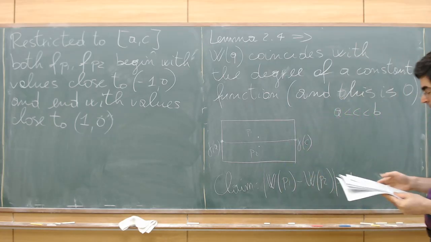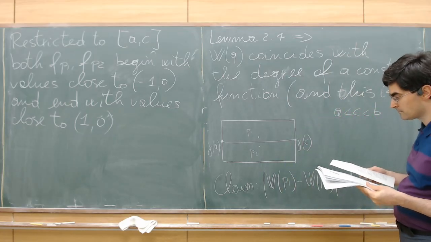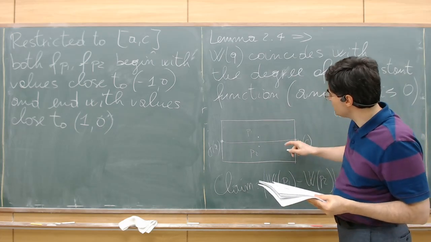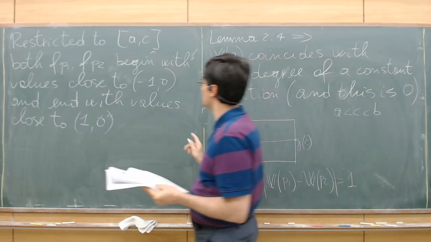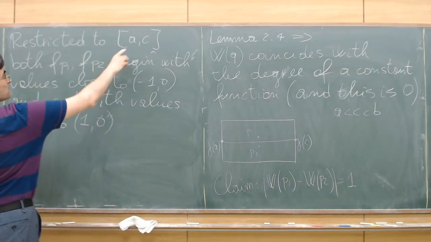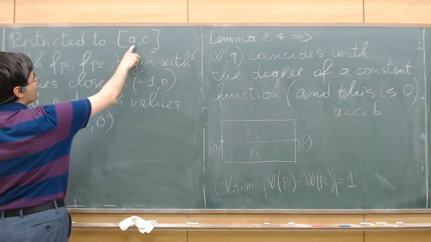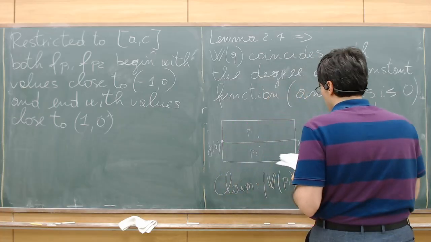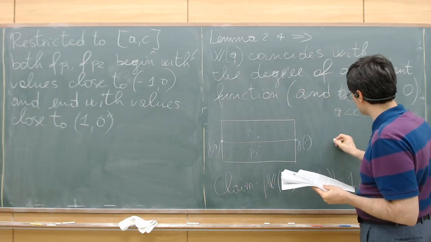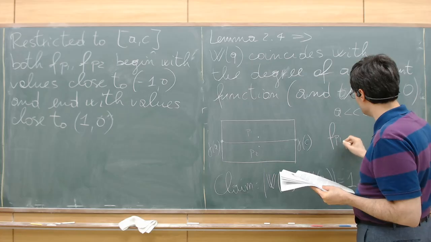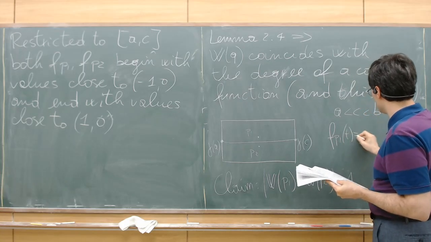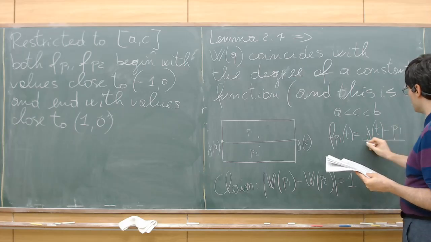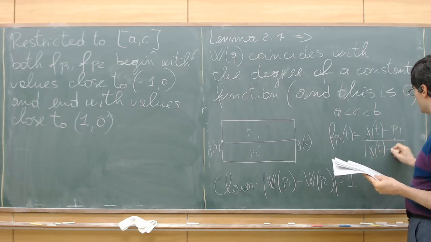Because for any point on the trace of gamma corresponding to values of the parameter in the range AC, then what is f_P1, for example? f_P1 of t is gamma t minus p1 over the length of gamma t minus p1.